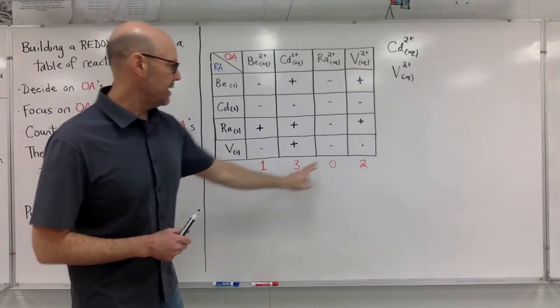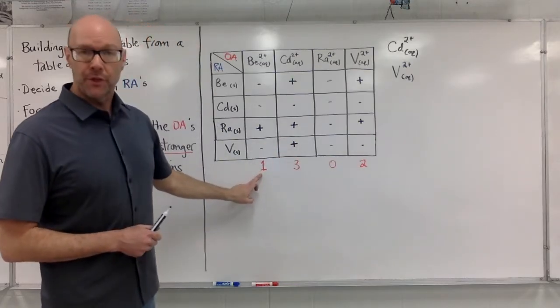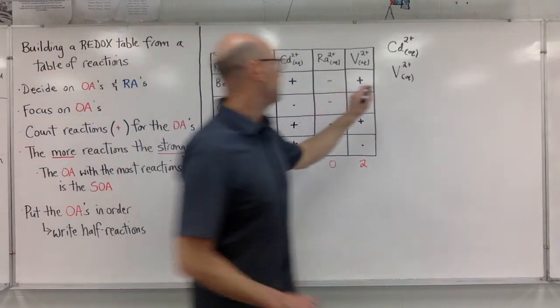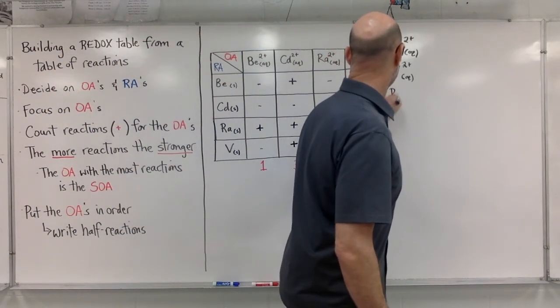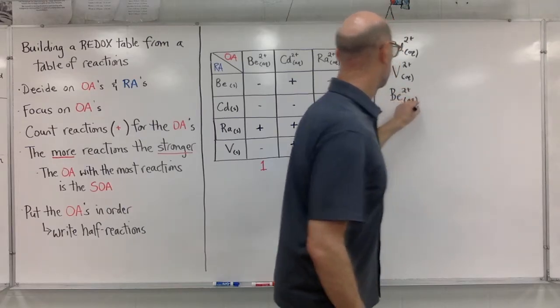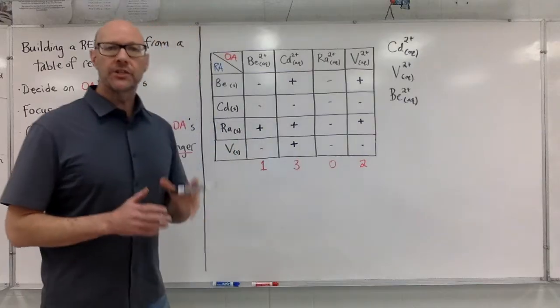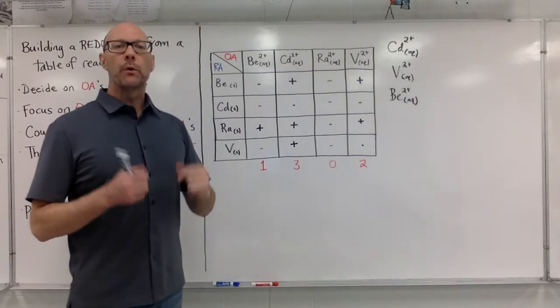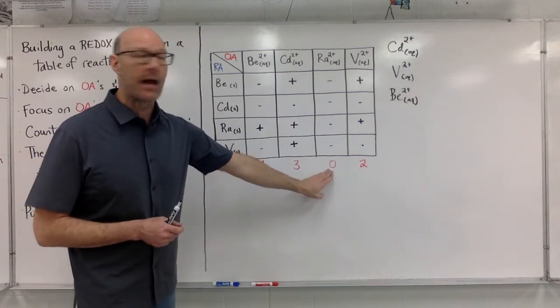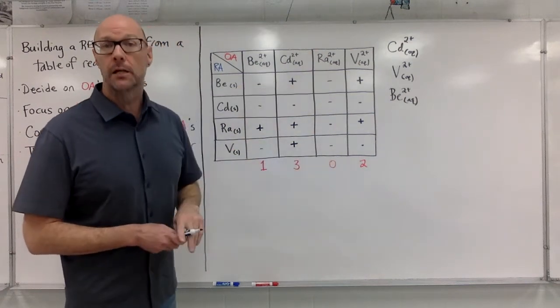The next one, 3, then 2, then 1. The third one are the beryllium ions. And the weakest oxidizing agent, the one with the fewest spontaneous reactions, is one that had 0 reactions. It's the radium ions.